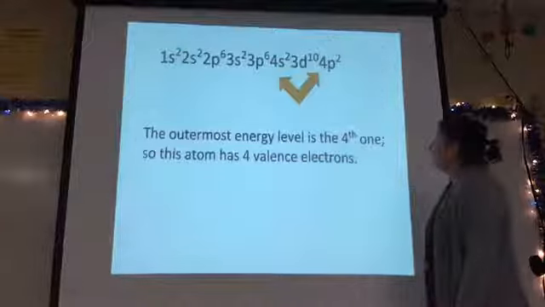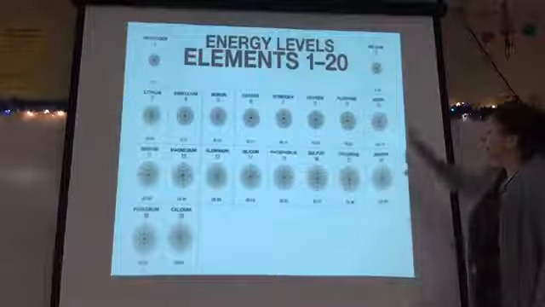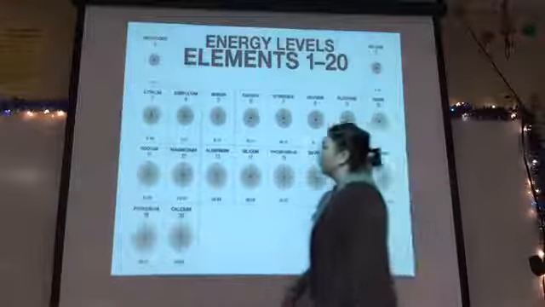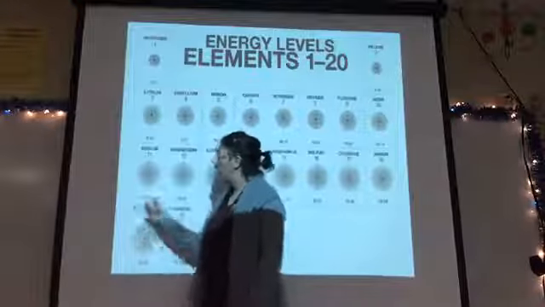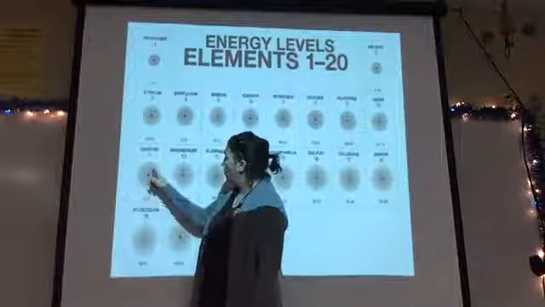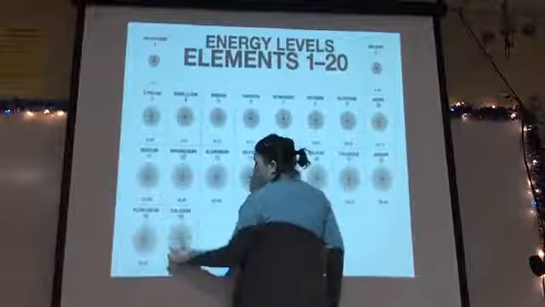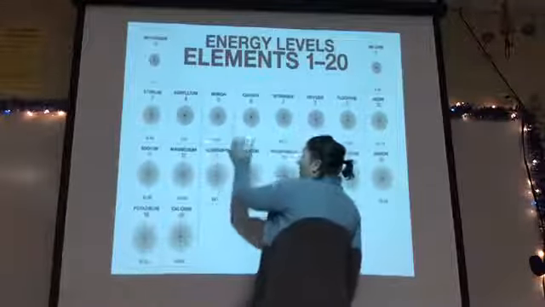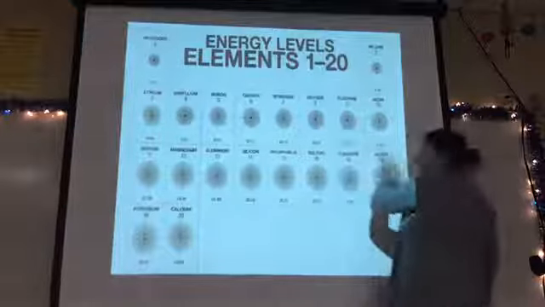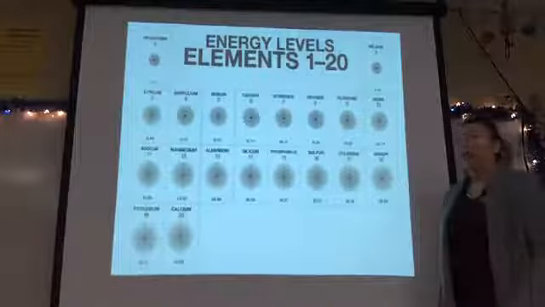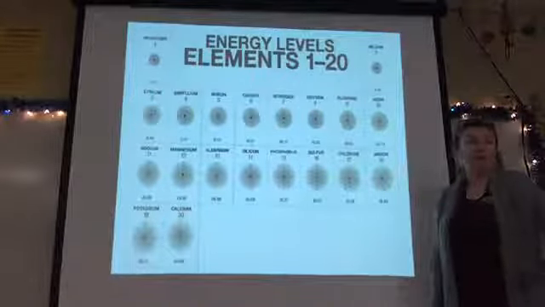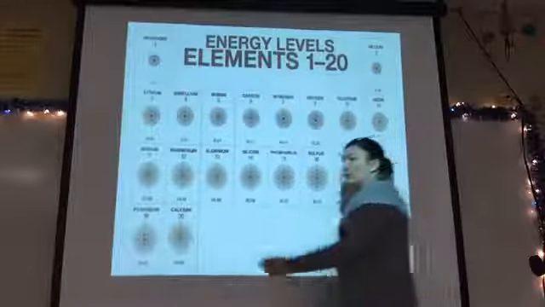Okay, good. And this shows you all the different electrons. All these have one valence electron. These all have two valence electrons. These all have 3, 4, 5, 6, 7, and 8. And let's look to see what groups they're in. These are in group 1.